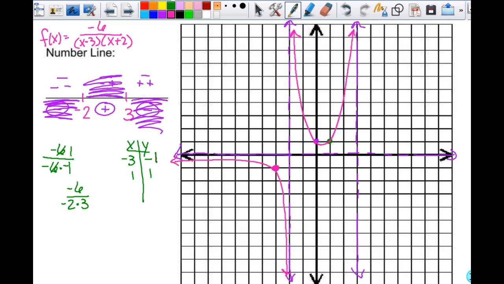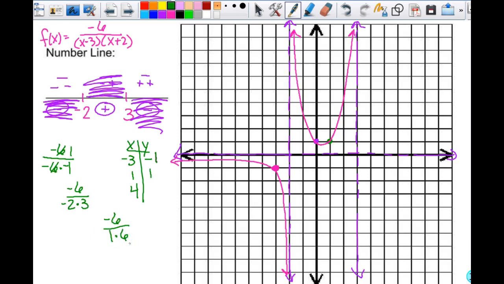Okay. Then from 3 to infinity, the whole thing is negative again. So again, I'm down here, but I don't have a single point to go by, so I need to figure that out. I will substitute in a 4. That's right on the other side of that asymptote. And when I substitute in that 4, it's going to give me -6 over 1 times 6.